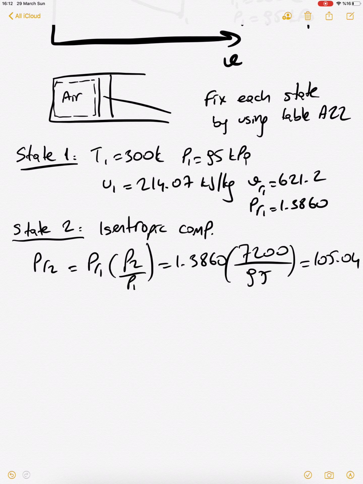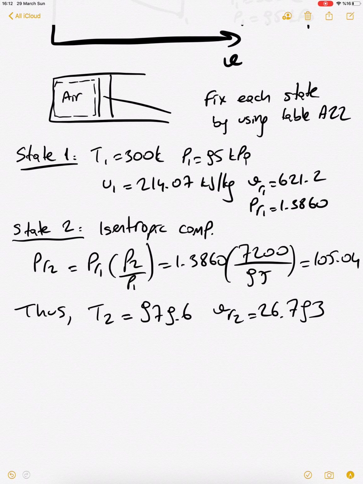From here we go to table A22 and we read T2 as 979.6 and VR2 as 26.793, and we will need H2, the enthalpy, as 1022.82 kilojoule per kilogram.